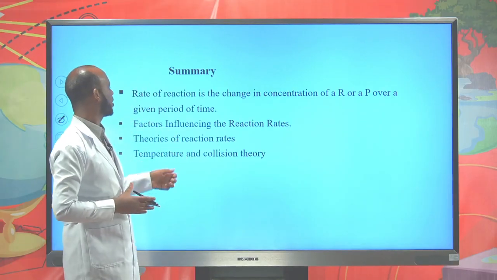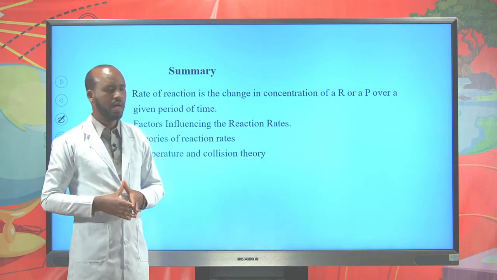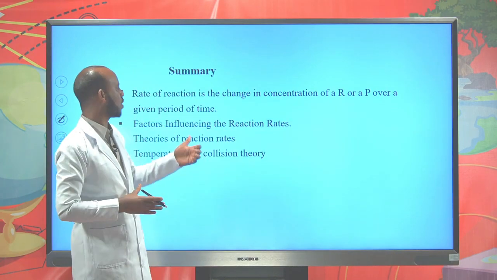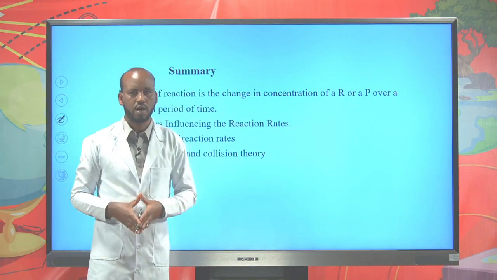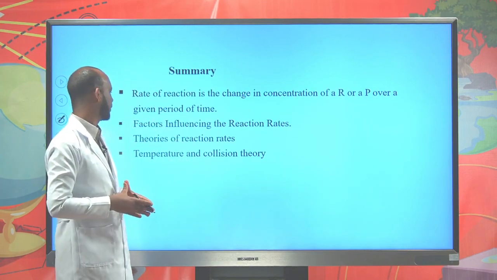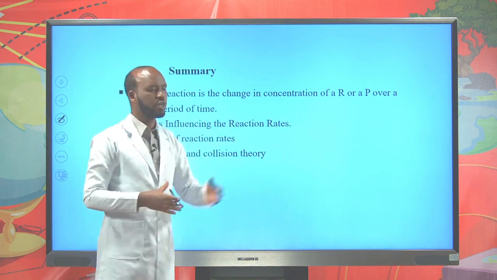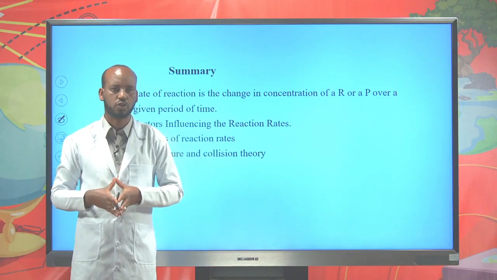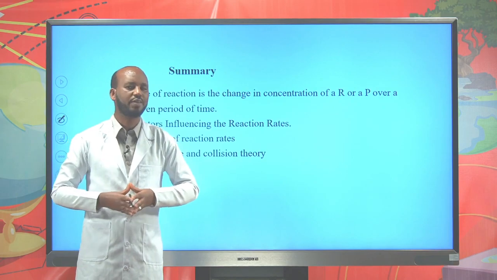Students, in our today's lesson, we learned rate of reaction. Rate of reaction is the change in concentration of reactants or a product over a given period of time. Factors influencing the reaction rates, factors such as temperature, concentration, surface area, catalyst, and so on are factors which affect rate of the reaction.